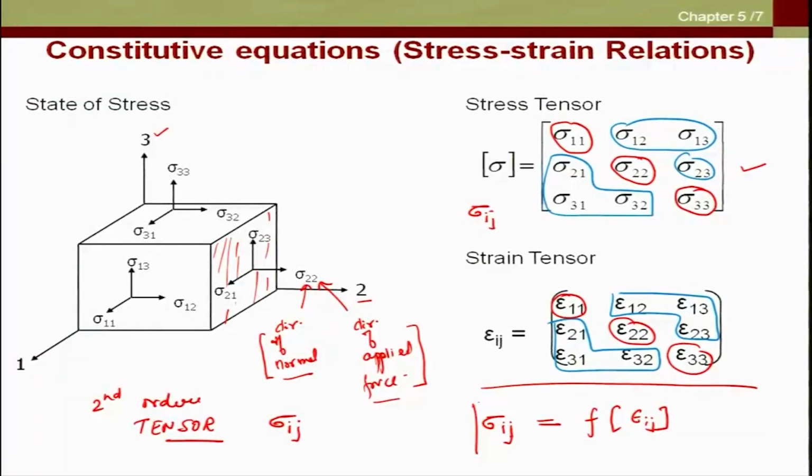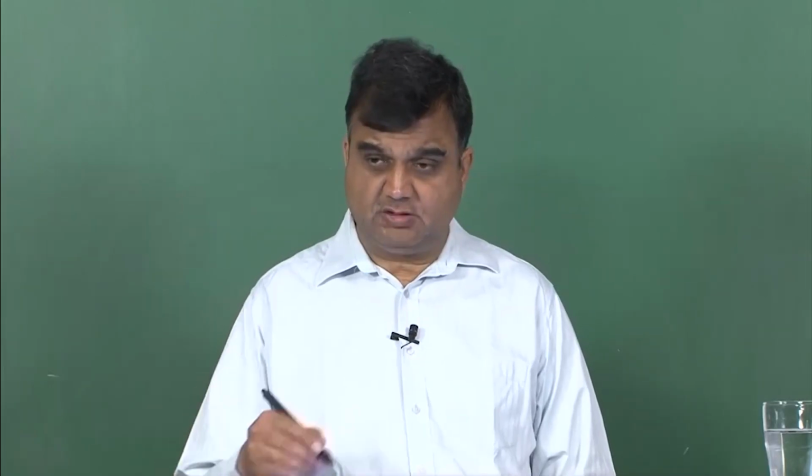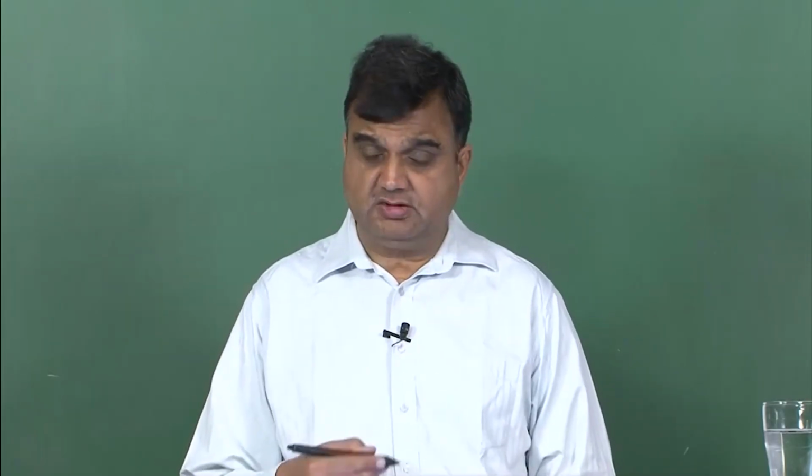So, this is the relation we will develop, and then we will call that relation the Hooke's law for generally anisotropic material. Then we will start working on that and we will finally come down to isotropic and much simpler materials. So, that is what we plan to do in our next class. So, please remember this terminology, and this is the terminology we will use starting from our next class.